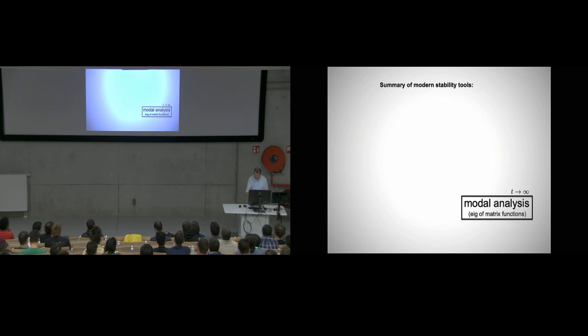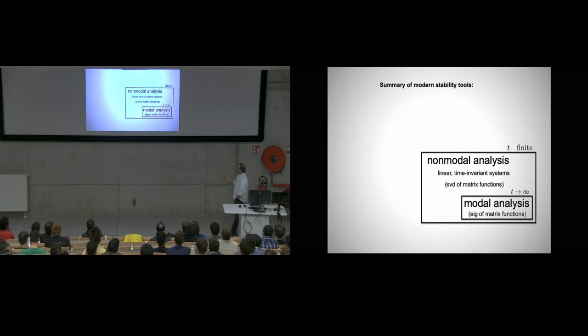The next more general thing is non-modal analysis. You have a finite time horizon, which already makes more sense, but you can only apply that to linear time invariant systems, where you replace the eigenvalues by the singular values of the same matrix functions: the matrix exponential or the resolvent, or many other ones that you can use.